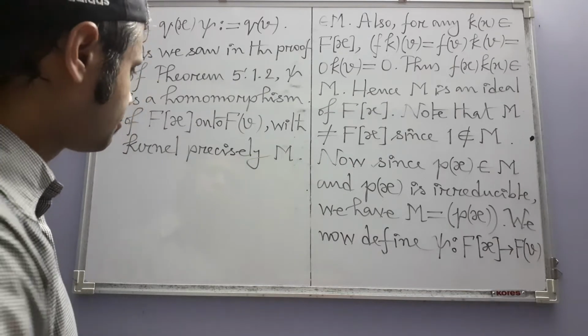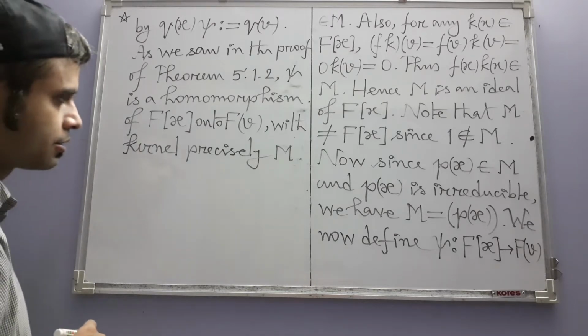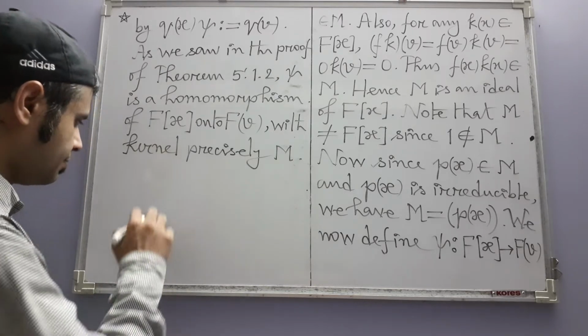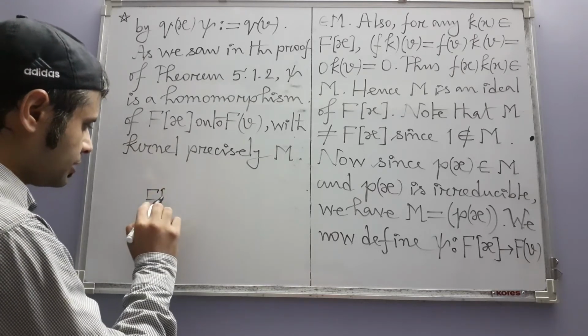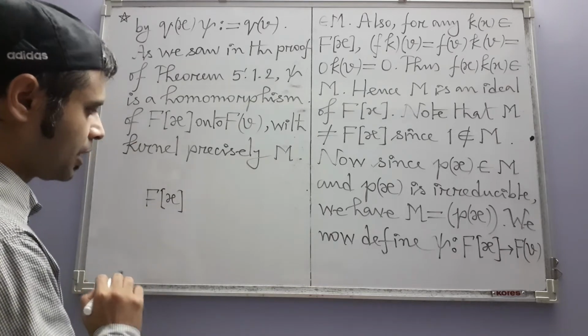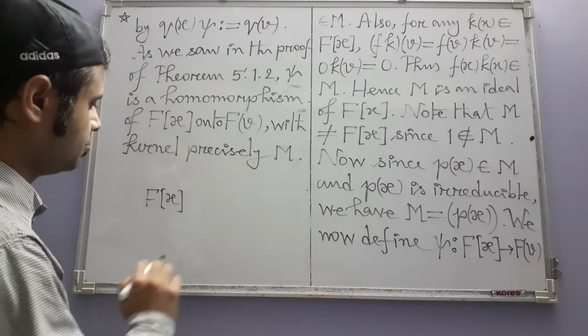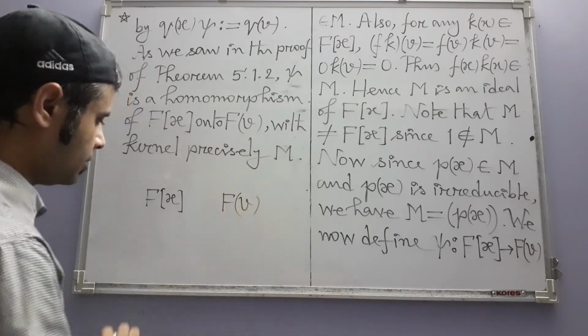So let me draw one diagram here because this will be necessary. This is something that we drew in the chapter on group theory when we proved the first isomorphism theorem. A similar thing is true here also.